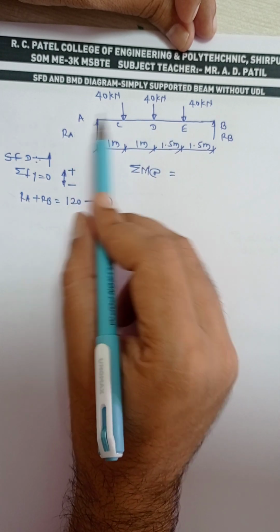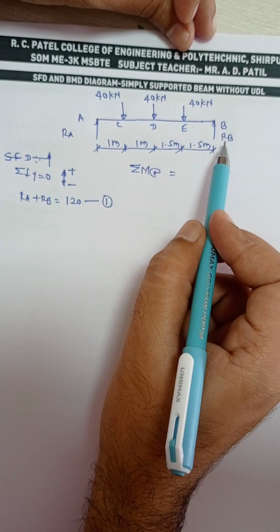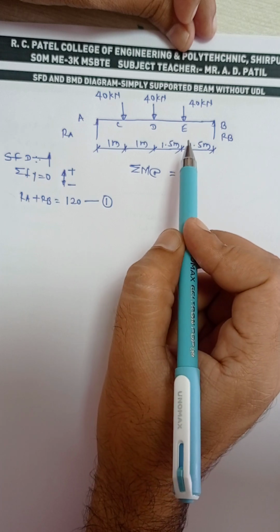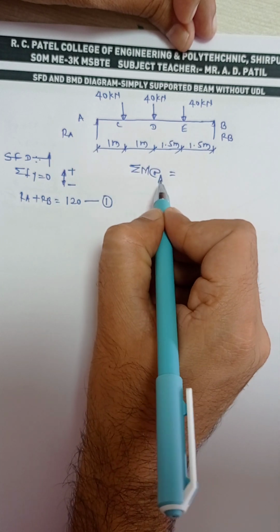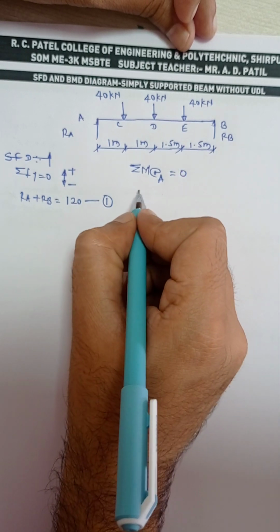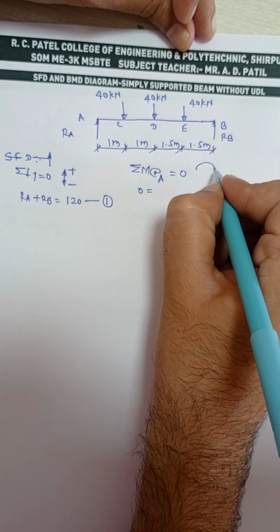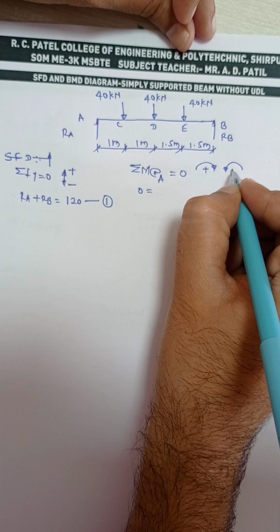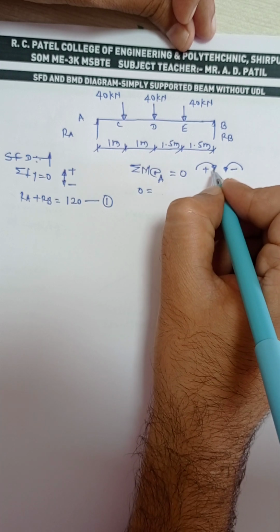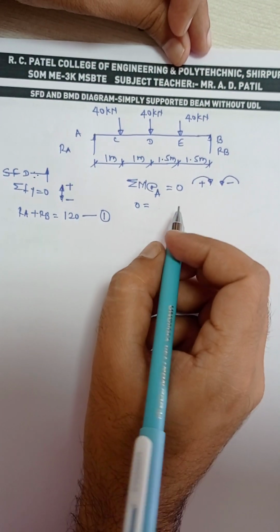The values at A and B are unknown, so select the point at the left hand side, that is A, equal to 0. Now clockwise moment will be positive and anti-clockwise moment will be negative.